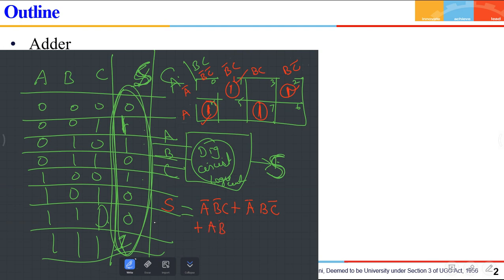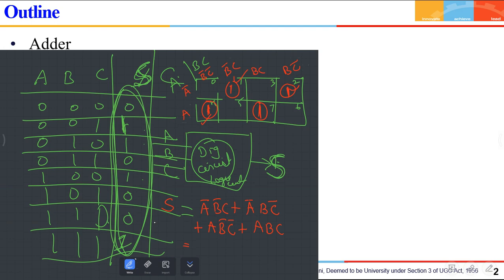A B bar C bar plus. This is A into B into C. Okay, is there any simplification possible here? See here, listen carefully. Now, you check any simplification is possible. Can you write it in terms of XOR gate?